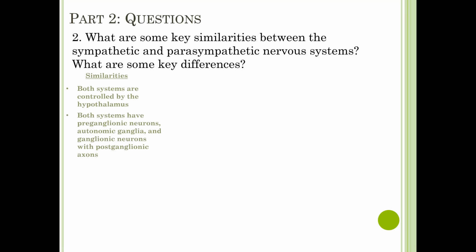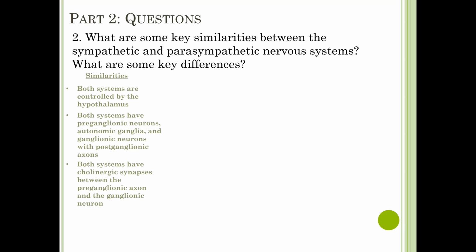Both systems have preganglionic neurons that originate in the brainstem or spinal cord. Both systems have autonomic ganglia, which are places in the periphery where you have neuron cell bodies. Both systems have ganglionic neurons, so the cell bodies are in those ganglia. And then the ganglionic neurons have postganglionic axons that go out to peripheral effectors.